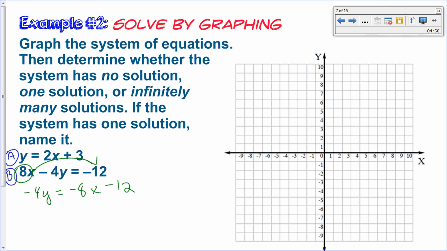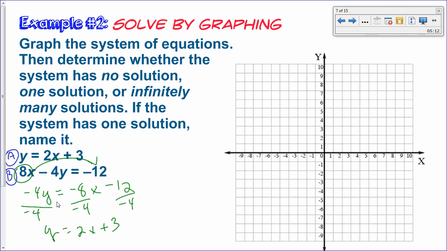Divide by -4 and 3. Can I write this down? What's that give me? No, it's plus 3. Negative divided by negative gives me a positive, right?